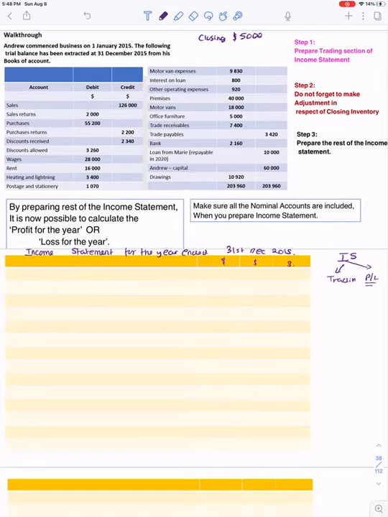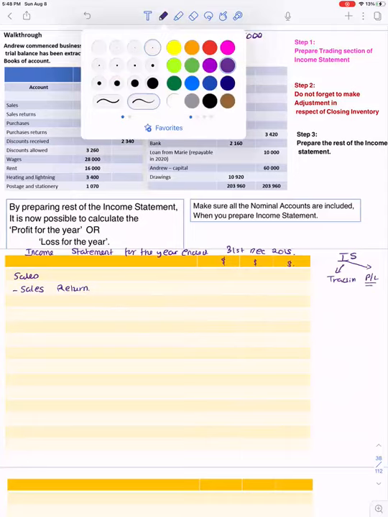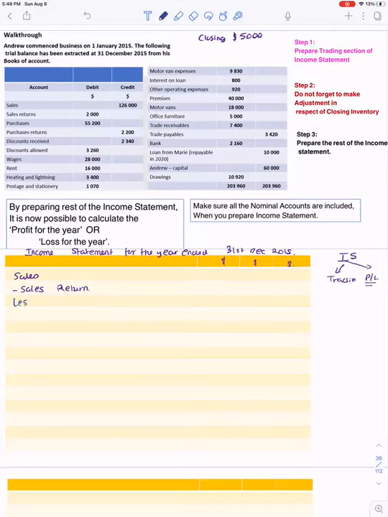We know that sales minus sales return would give us the revenue. Revenue less cost of sales would give us our gross profit.